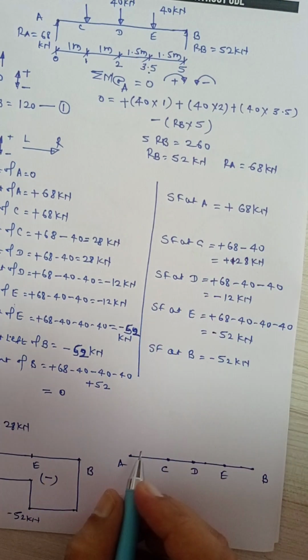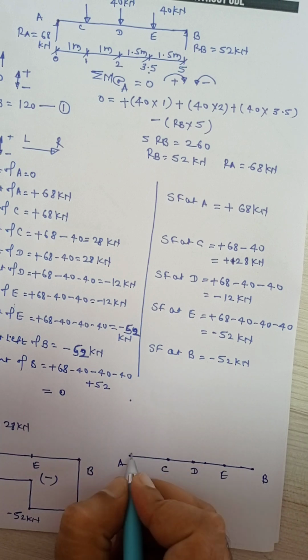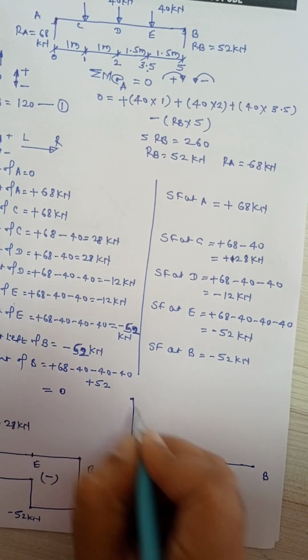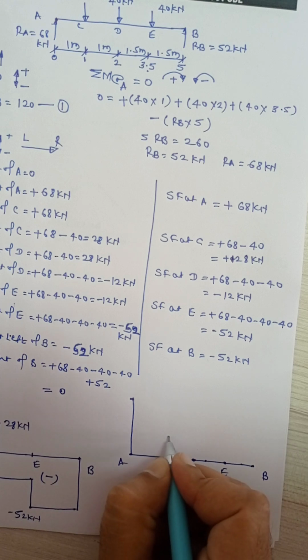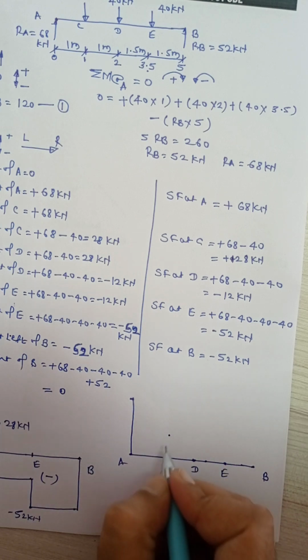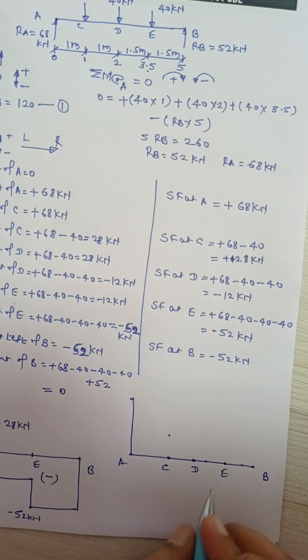At A, the value is 68. At C, the value will be 28. So this is 28. At D, the value will be minus 12, and at E, the value will be minus 52.